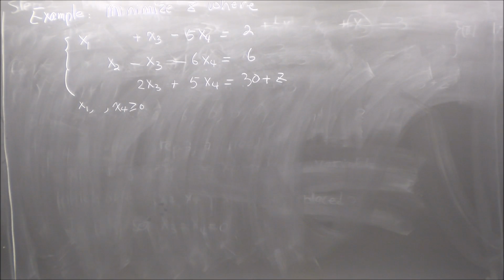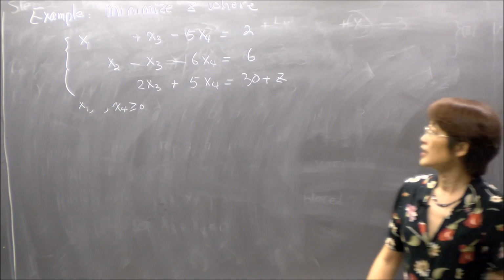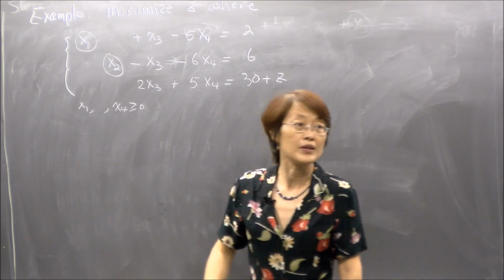Okay, so first let me ask, can this be a good starting point for a simplex algorithm? Is this in canonical form? Would you be able to see that? This is the canonical form. What will be the basic variables? These two, right? x1 and x2 will be my basic variables.